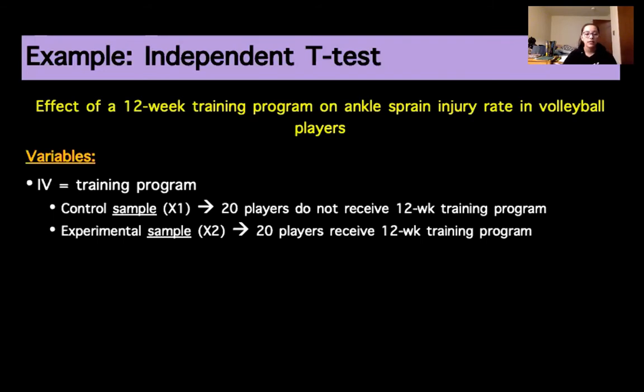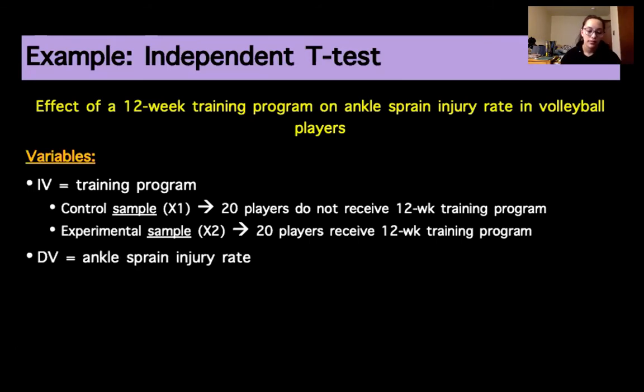Going into this test, we're basically assuming that each of these samples is representative of the population, or that they're equal to each other. Then we're going to see whether this training program has an effect on our experimental group, such that they have a higher or a lower ankle sprain injury rate.